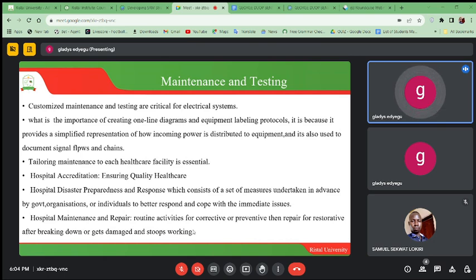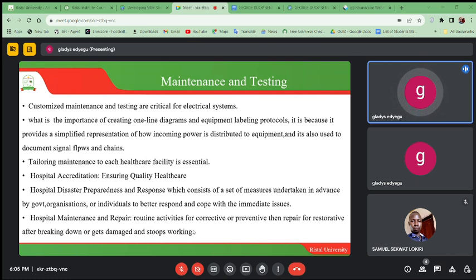Repairing means that it has broken down and we are going to spend a lot of money either to repair, which may need some equipment, or it may end up making us buy another equipment which is very expensive. So maintenance is routine activity, corrective or preventive, while repair is restorative, after it breaks down or gets damaged and stops working.